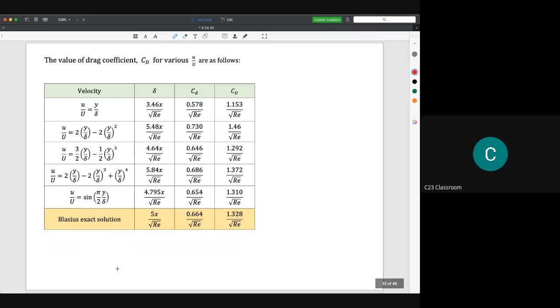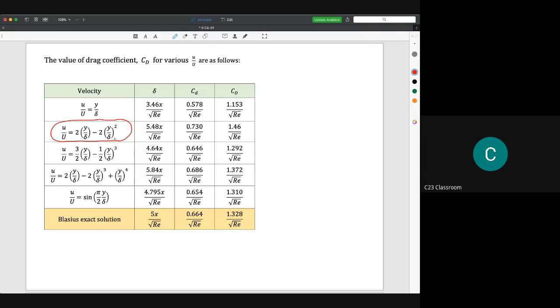Okay, so that is the way to get the drag force and the drag coefficient from your boundary layer, meaning from your shear stress. I gave you an example for the quadratic here. However, normally in a laminar boundary layer we will have these velocity distributions.